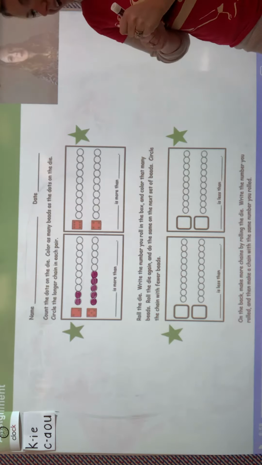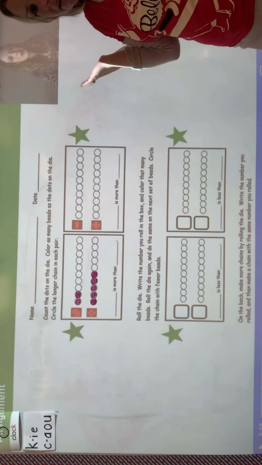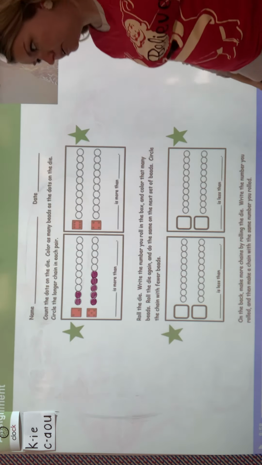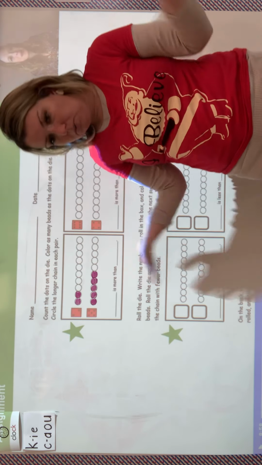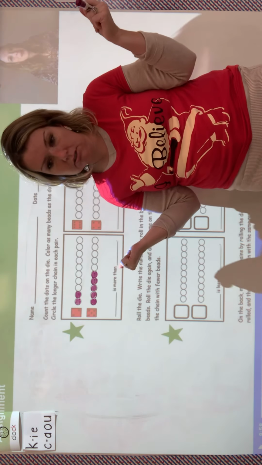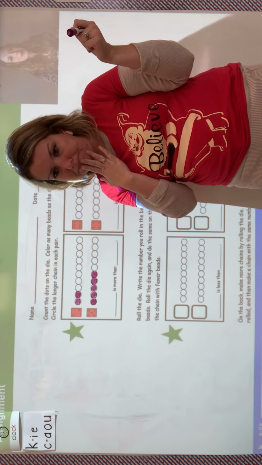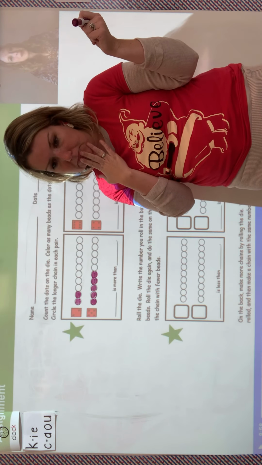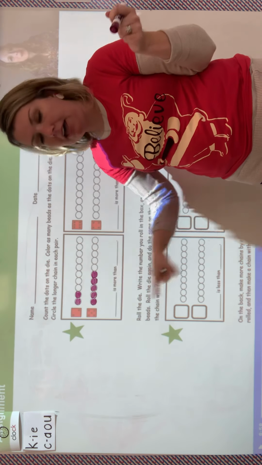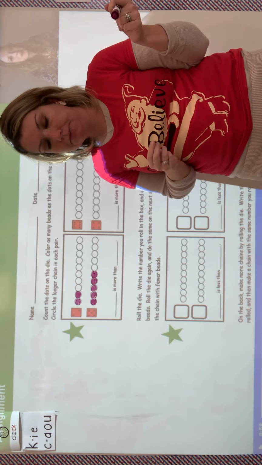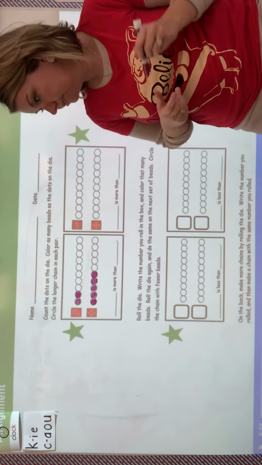Now, I need to circle the longer one. Which one's longer? Raise your hand if you can tell me. Which one's longer? Ryan, is the 2 or the 5 longer? 5.